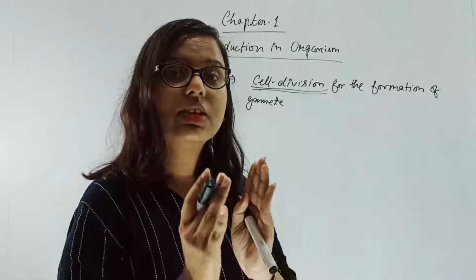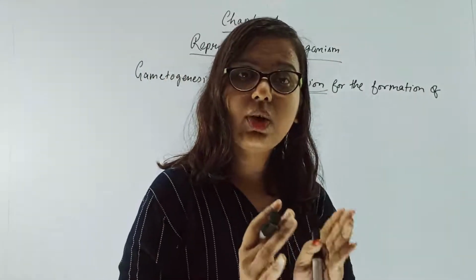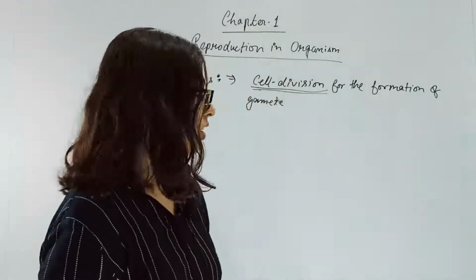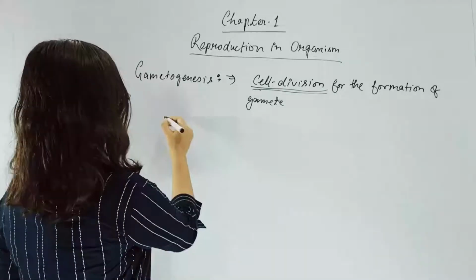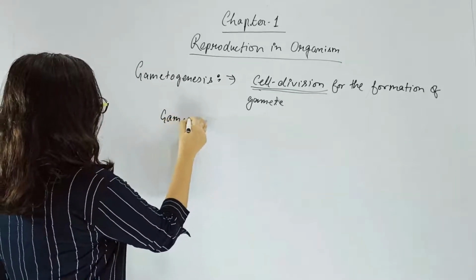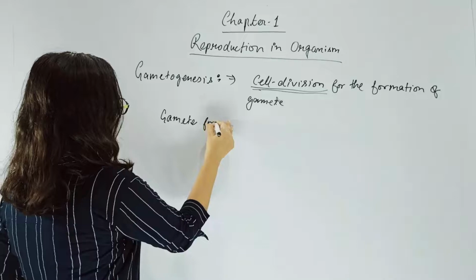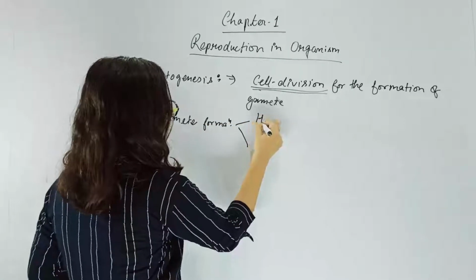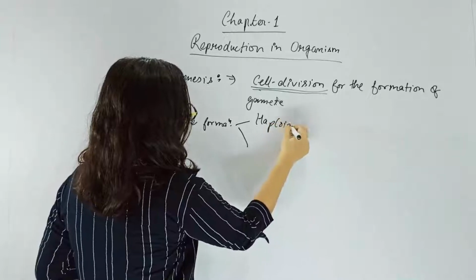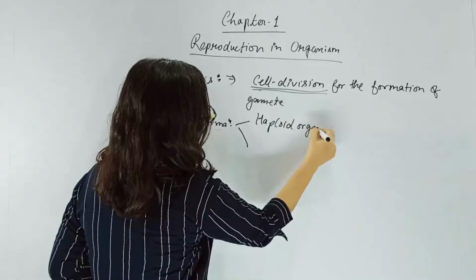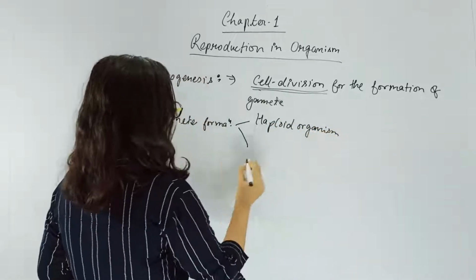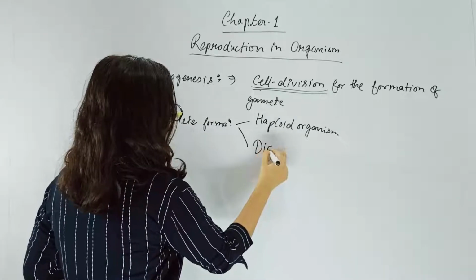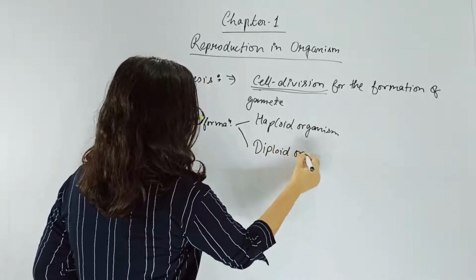So that haploid number has to be passed on to the progeny. So if the gamete formation is to happen in the haploid organism, we will see that first. Then we will see gamete formation in the diploid organism.